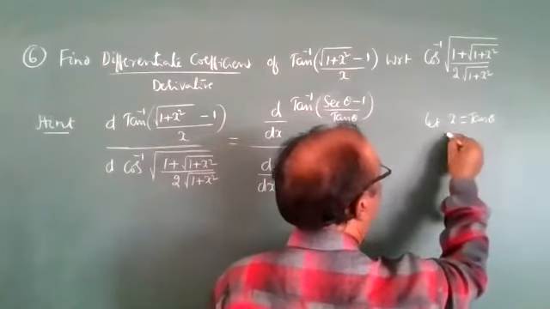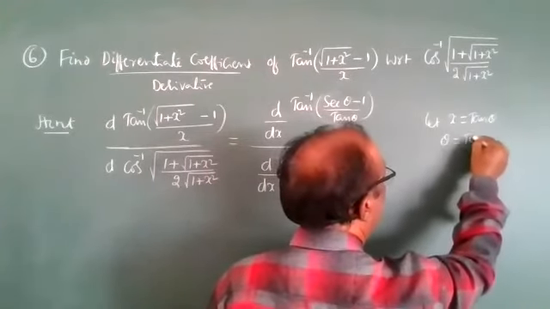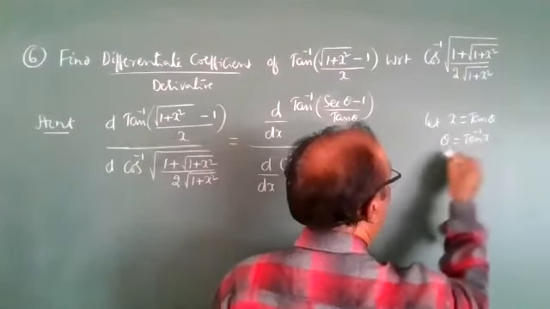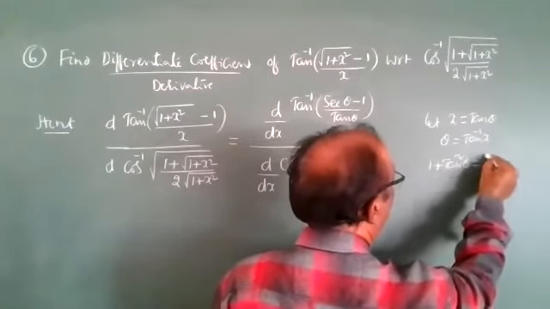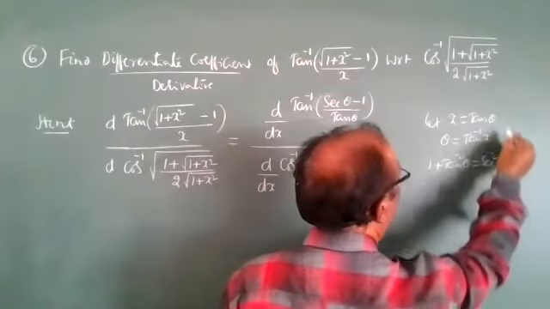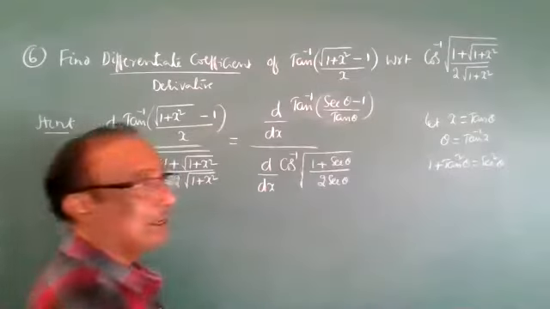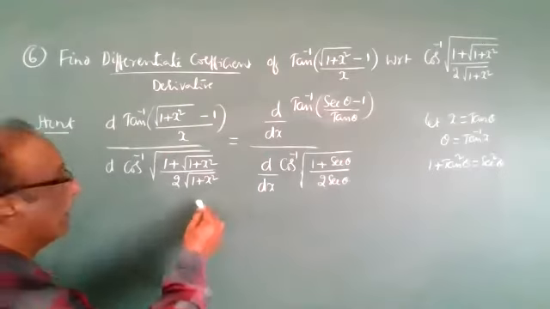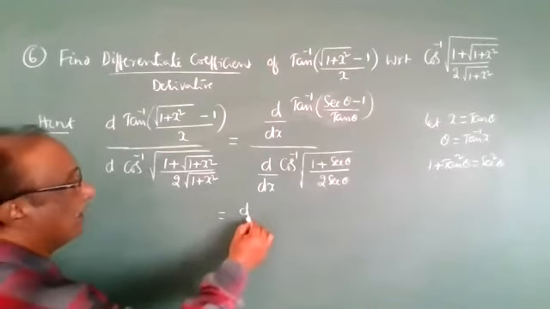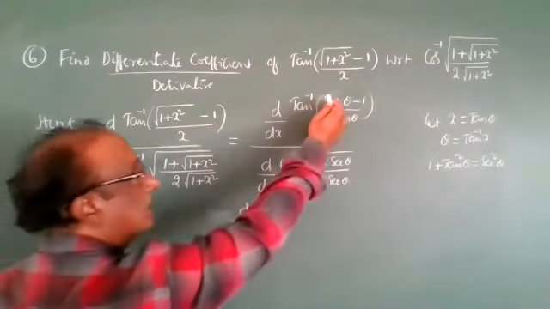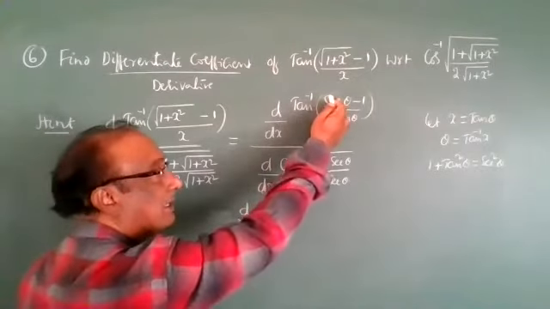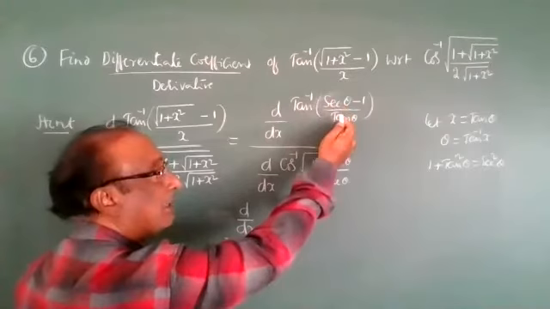So if x is equal to tan theta, then theta is equal to tan inverse x, and 1 plus tan square theta is secant square theta, which we already know from trigonometry. Now I am going to write d by dx, with mind calculation starting. Secant theta means 1 by cos theta, and tan theta means sin theta by cos theta.